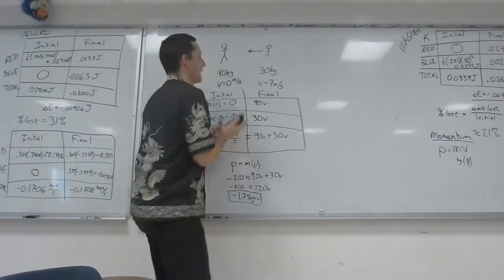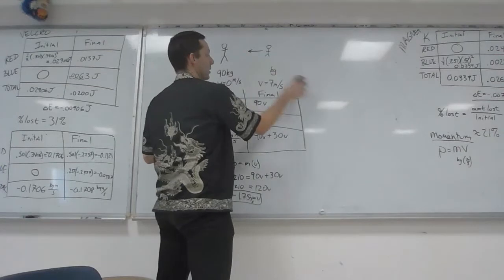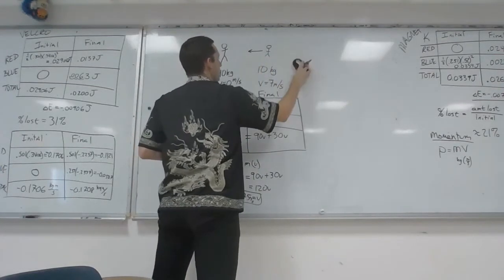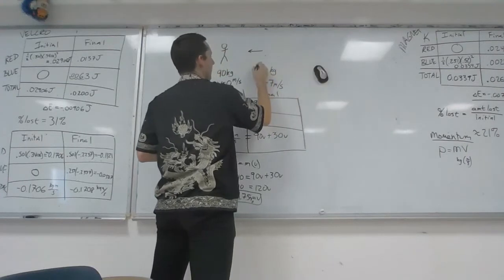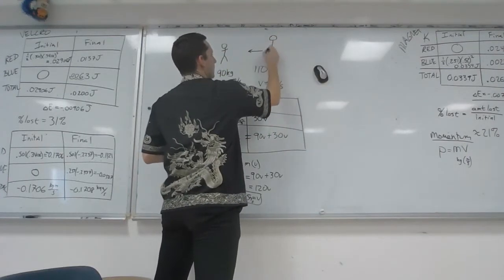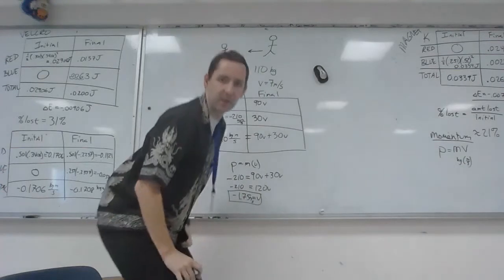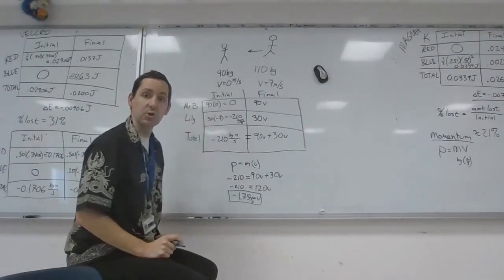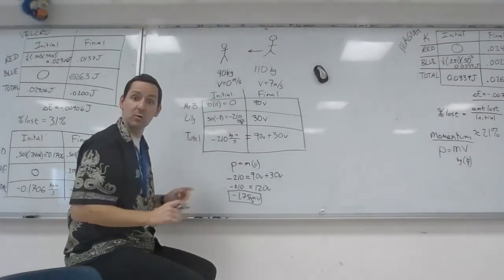So let's say that we got somebody that's 110 kilograms, okay? A little bit taller, a little bit bigger than me, all right? So how would that now change what we have here?